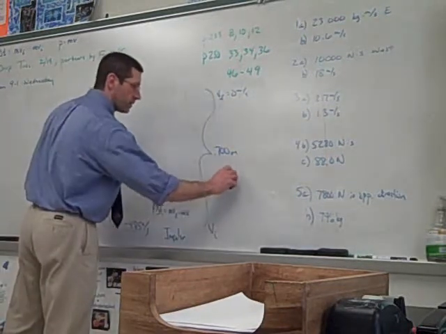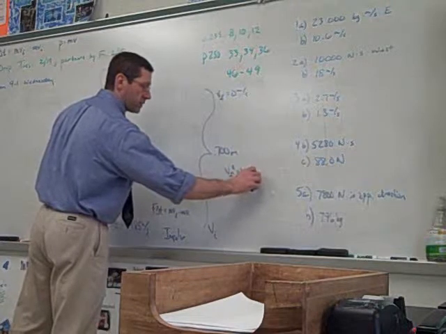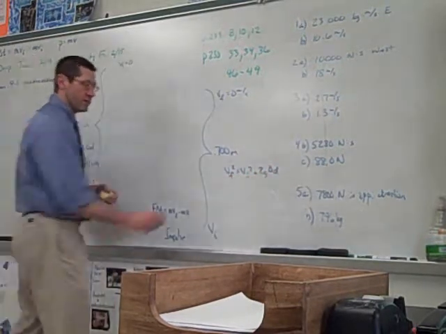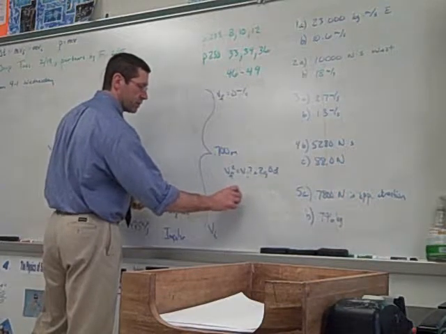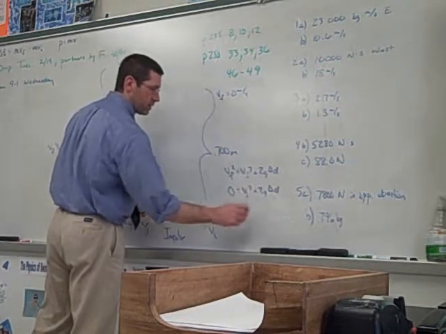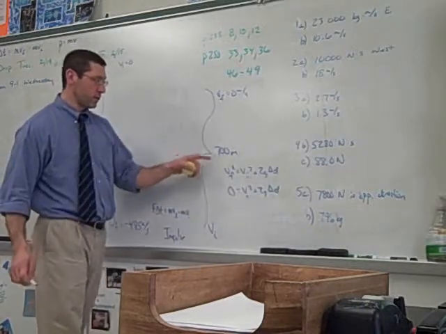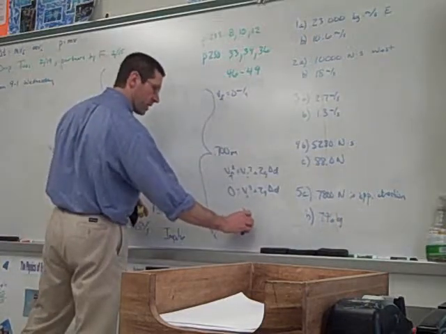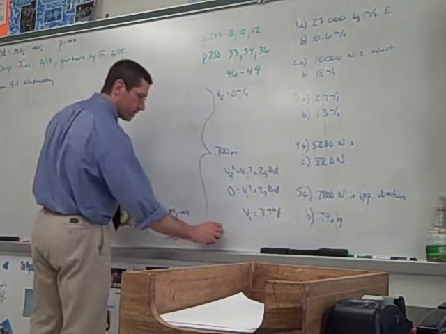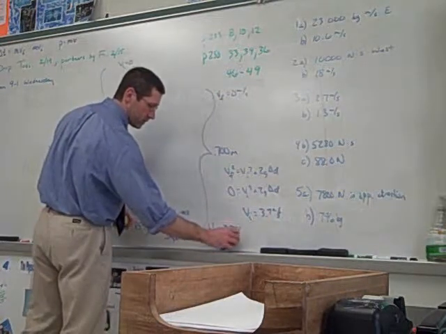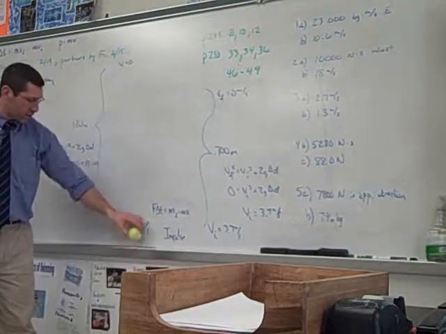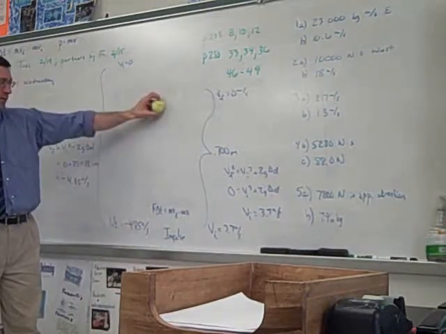So VF squared is VI squared plus 2g delta d. Now the VF is 0, so 0 is VI squared plus 2g delta d. Your delta d is 0.7, so you solve for your VI, and you get 3.7 meters per second. So it approaches the chalk tray at negative 4.85, and it leaves at 3.7.